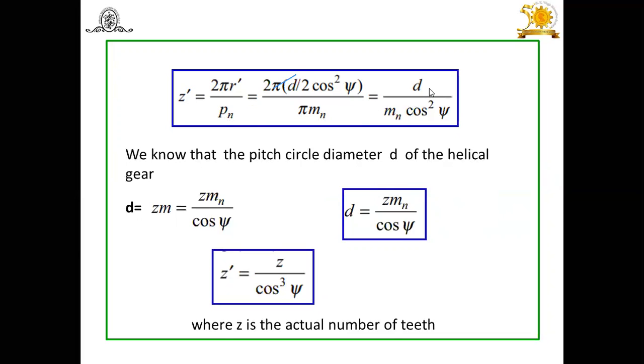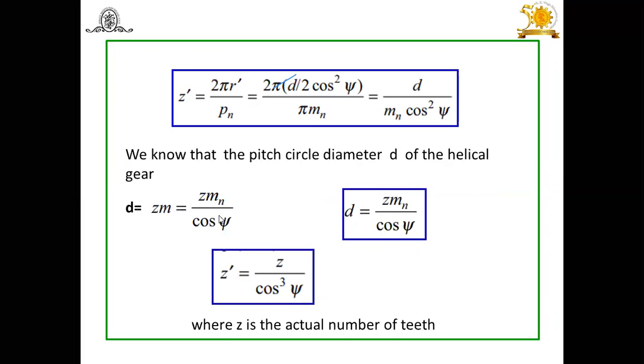Therefore, Z dash is equal to d upon mn cos squared psi. Again, we know that the pitch circle diameter d of the helical gear is d equal to z into m, or mz. Here m is equal to mn upon cos psi. m is the transverse module, mn is the normal module. So m transverse is equal to mn upon cos psi. You can substitute here. You will get z mn upon cos psi.